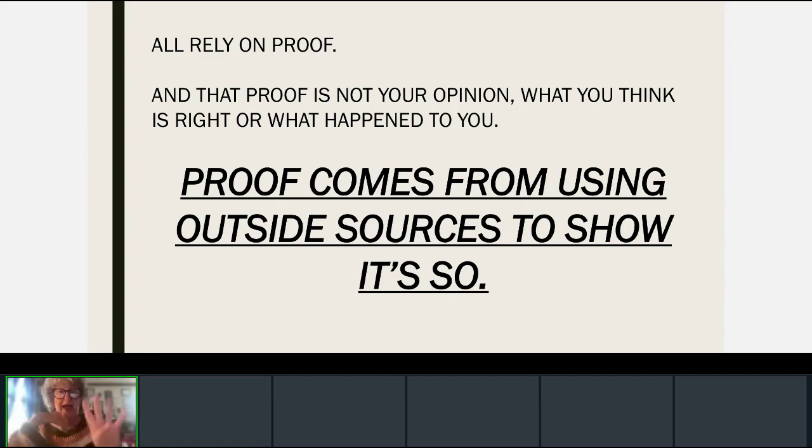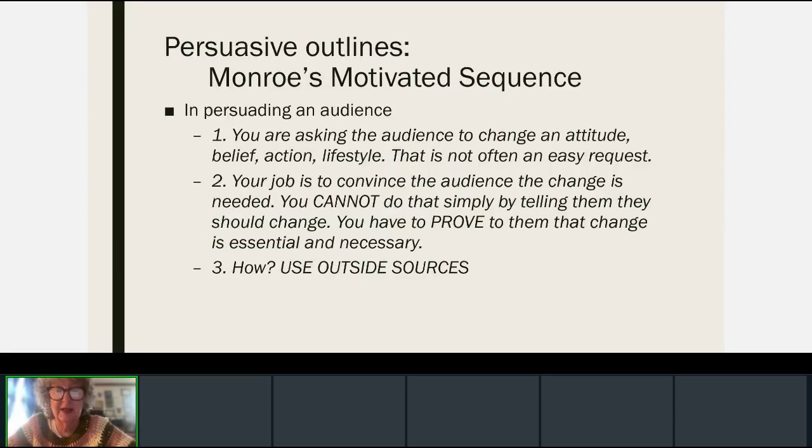So you are going to have at least 4 outside sourcing situations in this speech, because you're going to have to use at least 4 outside sources for proving your point of view on this persuasive effort. Okay. And that's where the proof comes from, those outside sources. It doesn't come because I tell you so. It comes because I am showing you so.